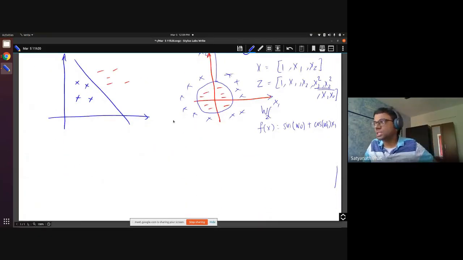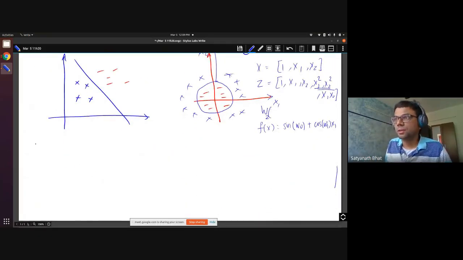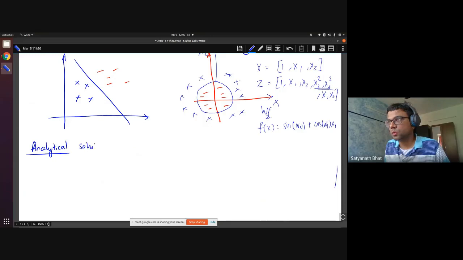First is the analytical solution. Today we will finish this analytical solution, and in the next class we will look at the gradient approach.